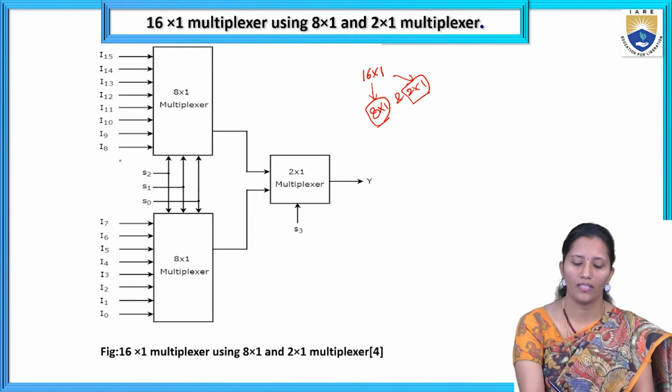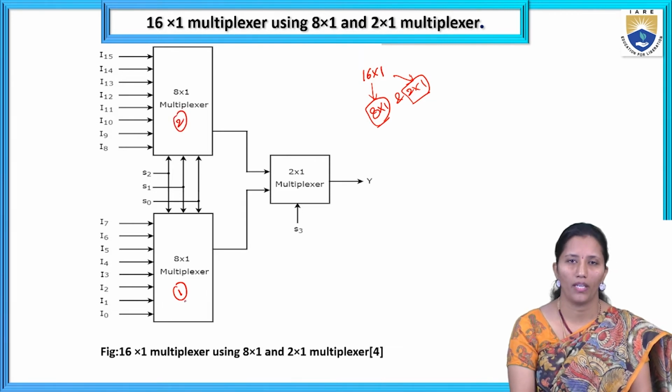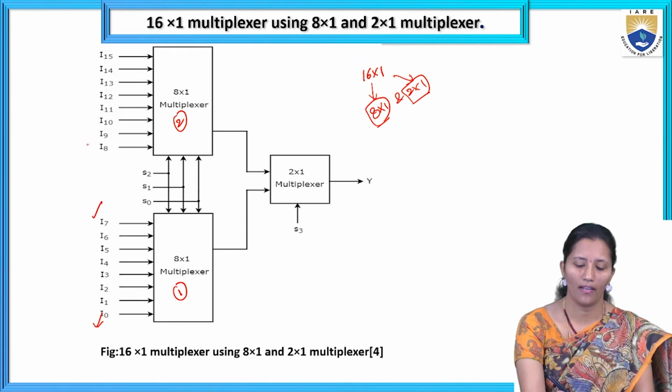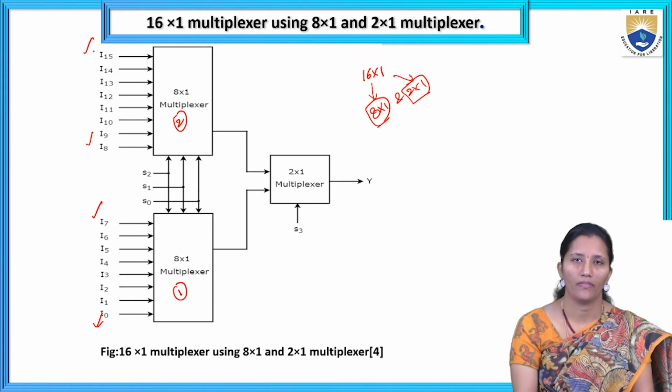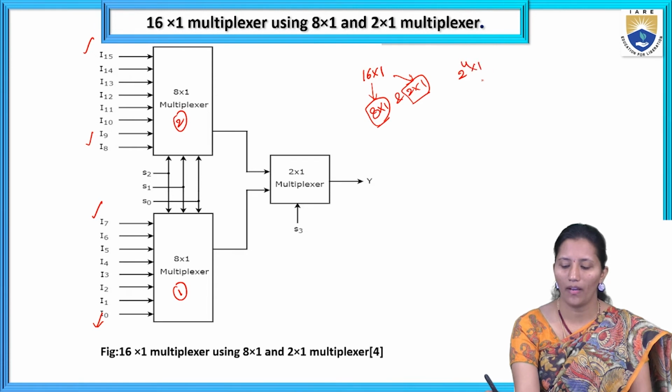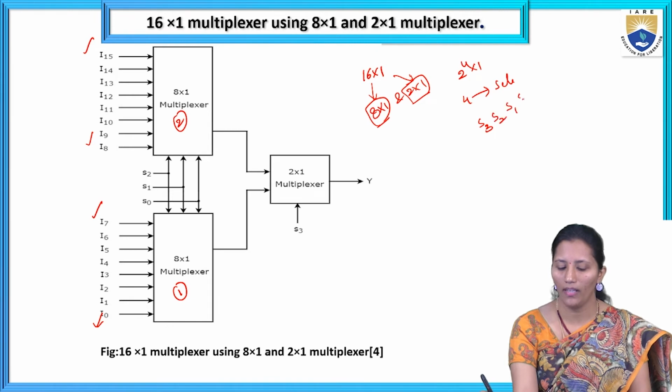So this is the first and this is the second 8 by 1 multiplexer. For the first 8 by 1 multiplexer, we are giving I0 to I7, and for the second multiplexer, I8 to I15. Okay. For 16 by 1 multiplexer, we have 4 selection lines. Those are S3, S2, S1, S0.